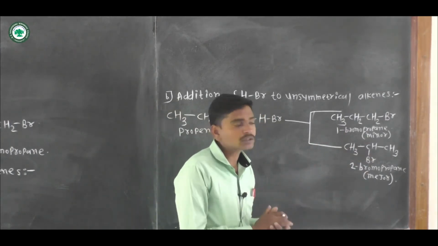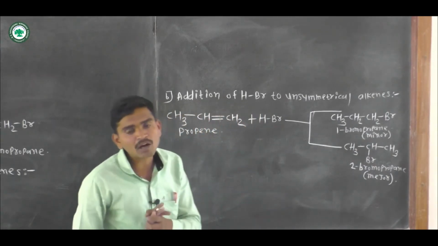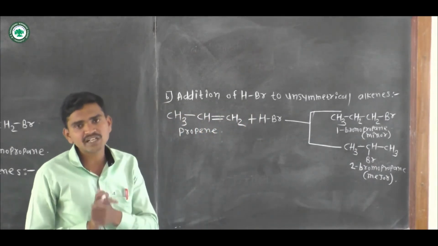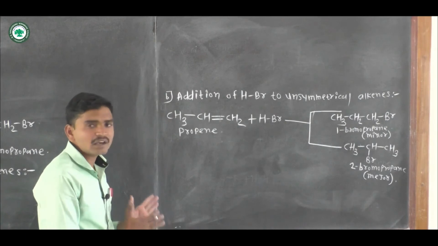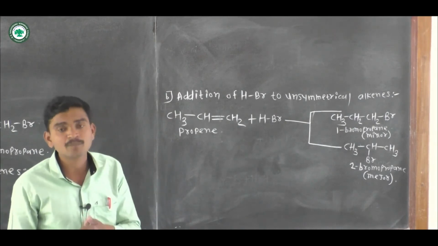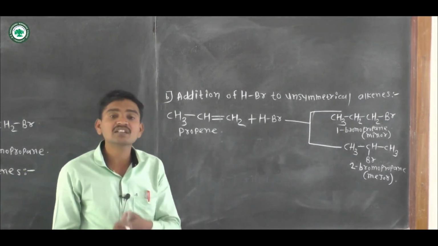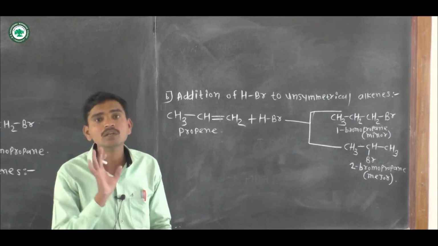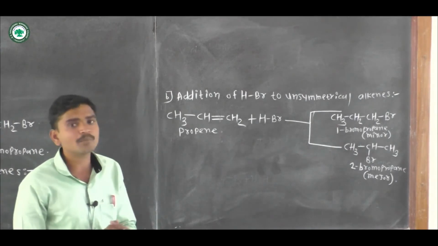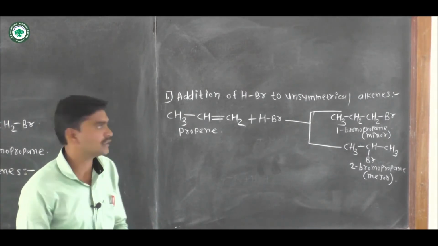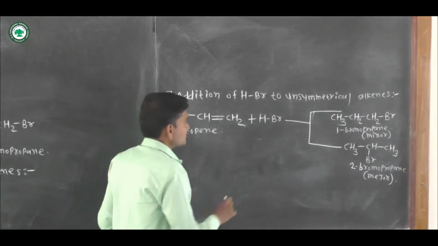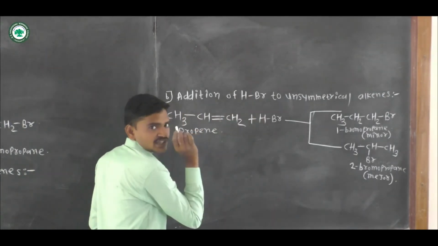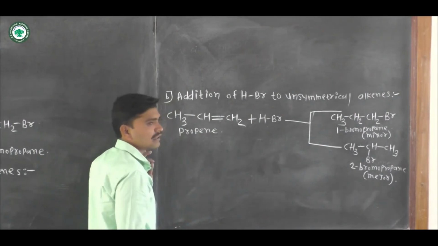The major product is formed according to the Markovnikov rule, which states that when an unsymmetrical alkene is added to the unsymmetrical reagent, the negative part of the reagent gets attached to that carbon which has less number of hydrogen atoms. In this reaction, this is the unsymmetrical reagent, this is the unsymmetrical alkene.